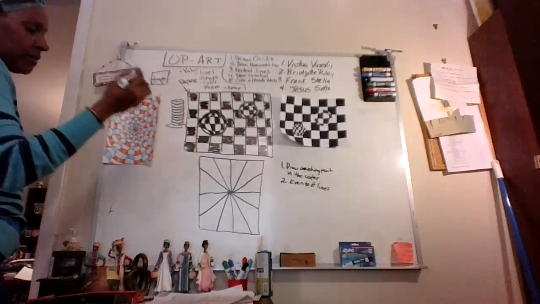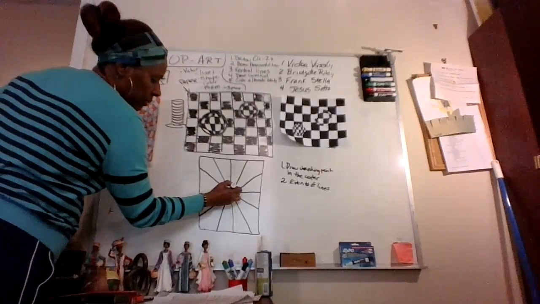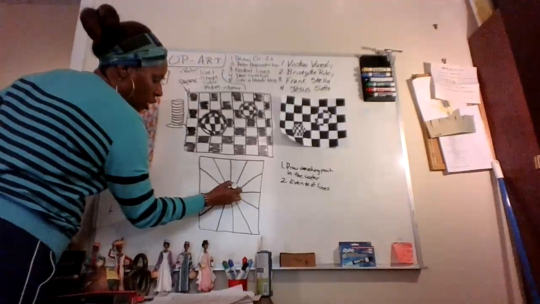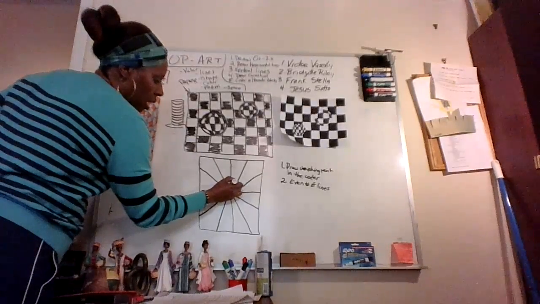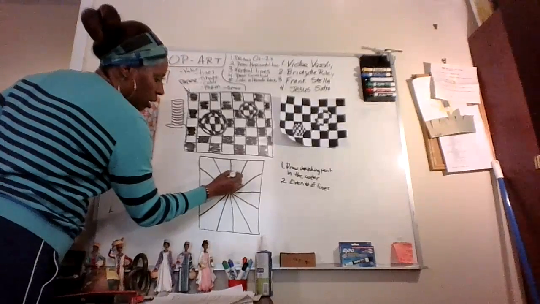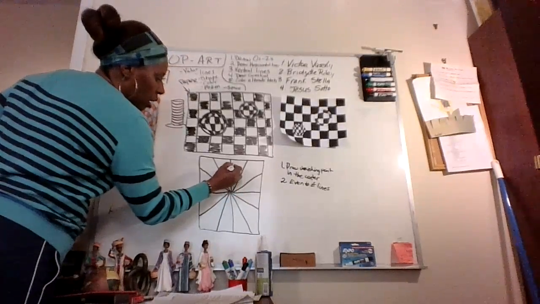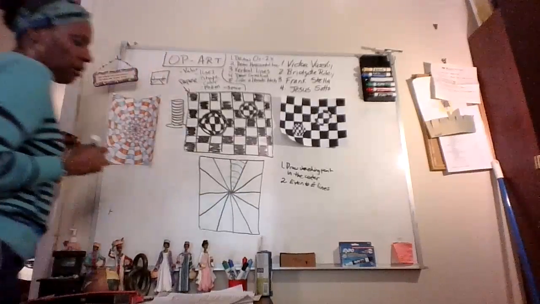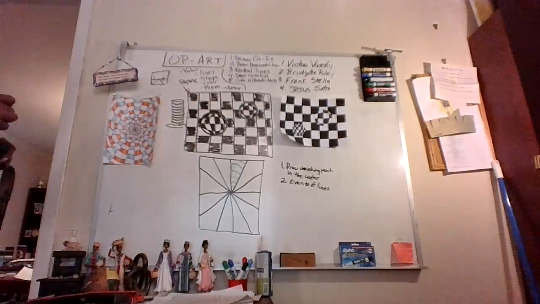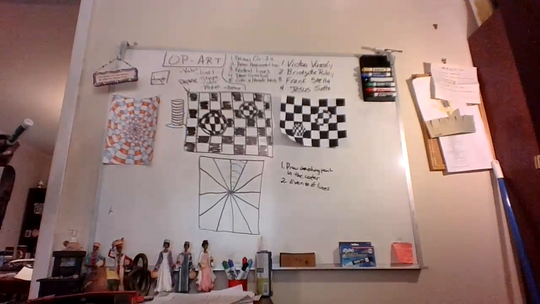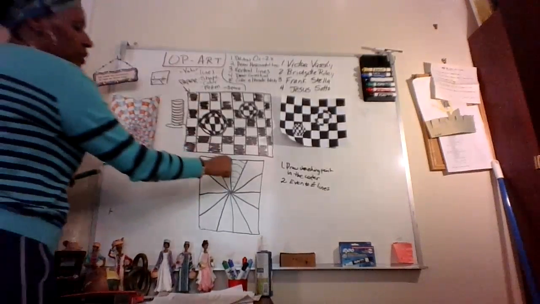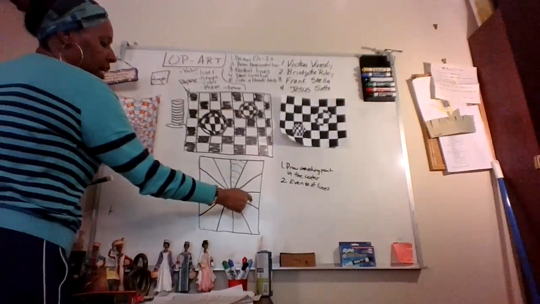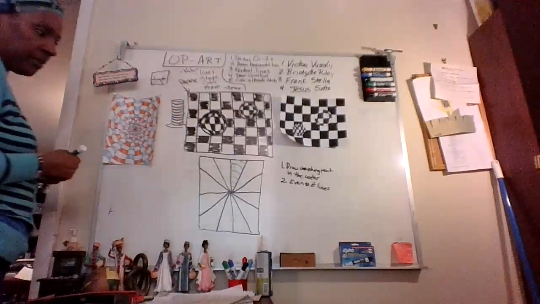So my first one, I'm going to do green. I'm humping over, over, over, over, over. All right? I'm going to continue with my green on every other section.